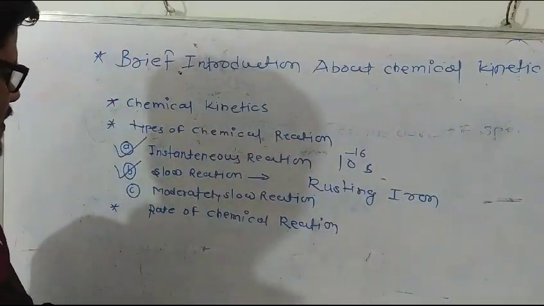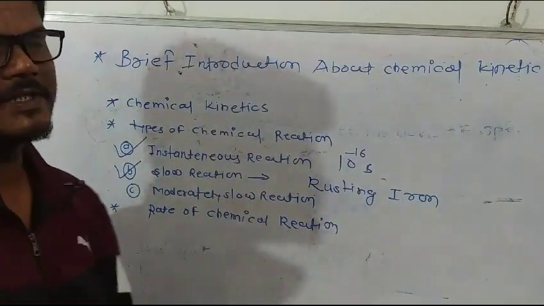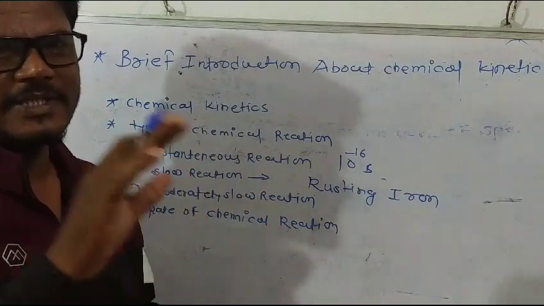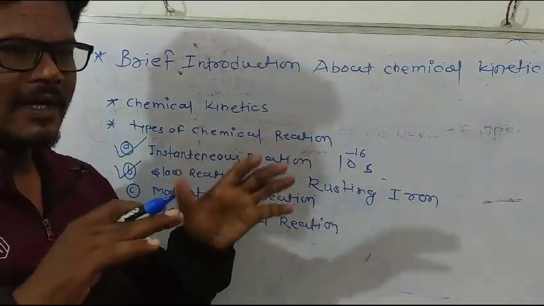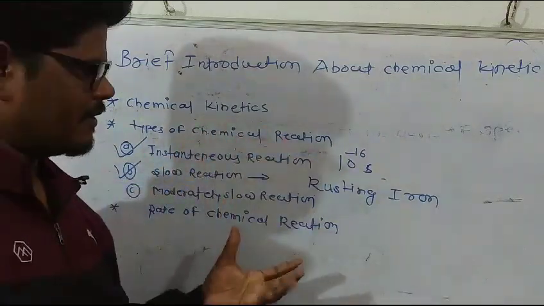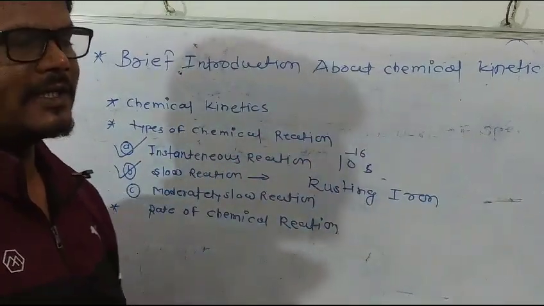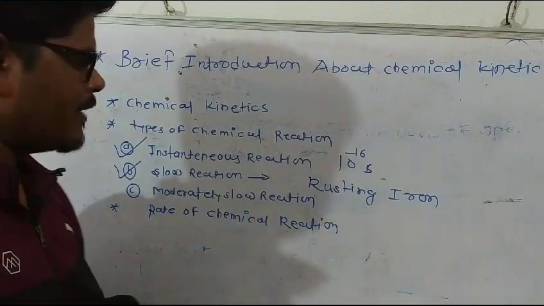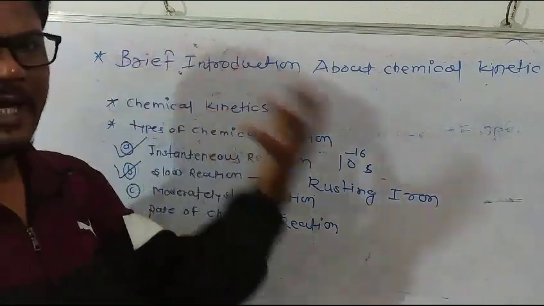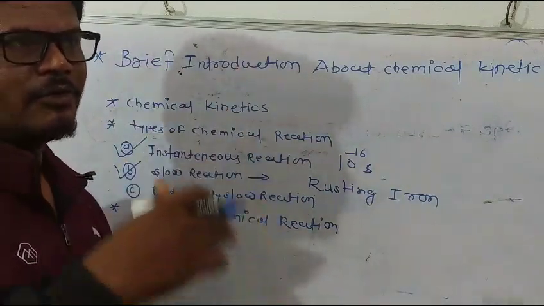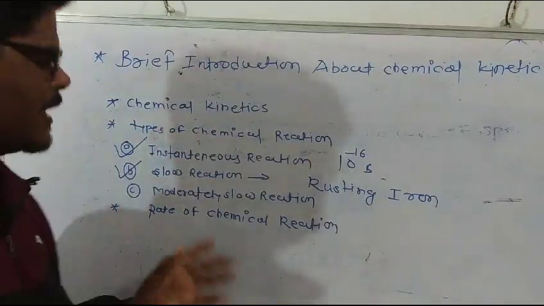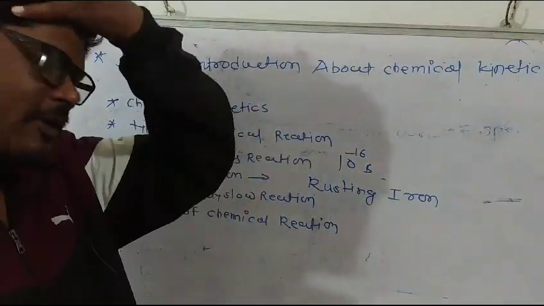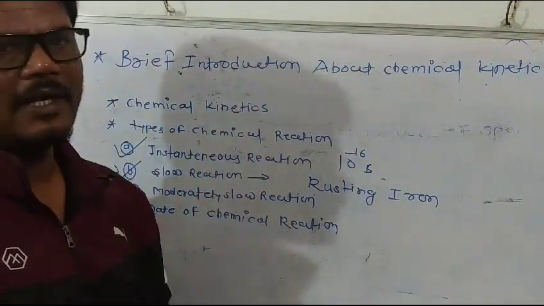The last topic of our discussion is the rate of chemical reaction. Rate of chemical reaction is nothing but the process by which a reactant is converted into the product in a given time taken. That phenomenon is called the rate of chemical reaction.